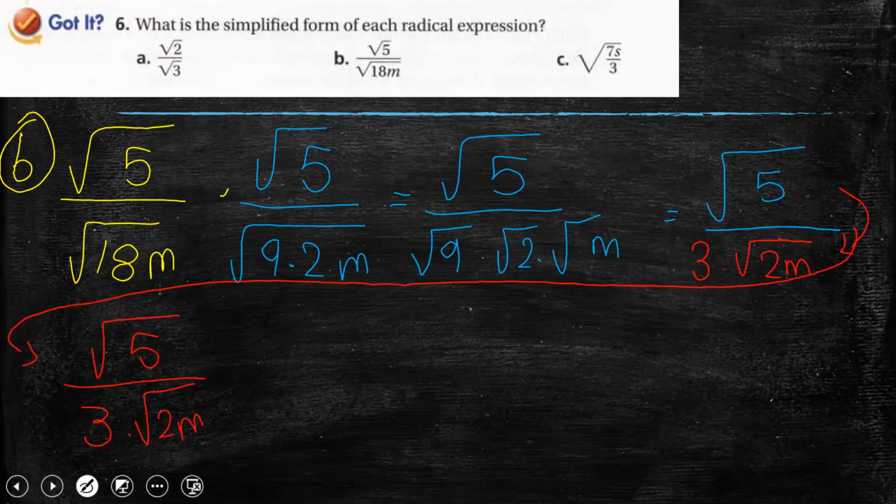Where's the square root in the denominator? Is it the 3 or the square root of 2m? Square root of 2m. Exactly. So I will multiply down by square root of 2m only, and in the numerator, I have to multiply by square root of 2m. I multiply only by the radical number.